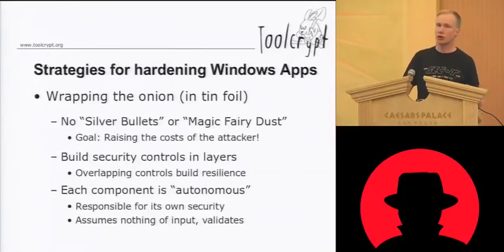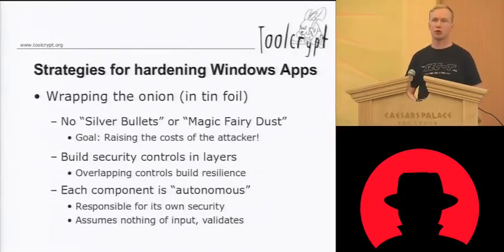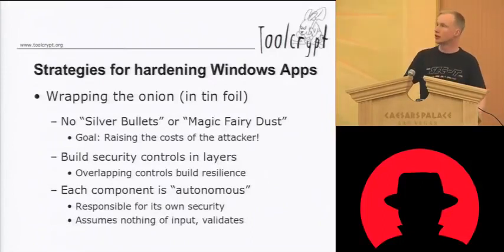So we need to build security in as overlapping layers. Even if one of these layers isn't perfect, there will be another one underneath, and another one. And hopefully either an attacker won't get through, or it will at least be very costly for them to do so.